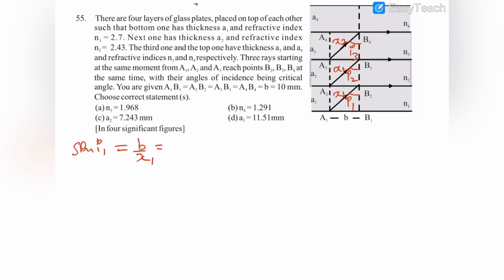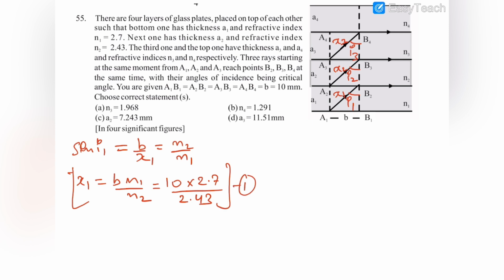We know that sine theta is 1 upon mu relative, so sine theta will be equal to n2 by n1. This is sine I1, so this is the first equation. We can say that x1 is equal to b n1 by n2. So you can find out the value of x1, where b is 10 mm, n1 is 2.7 and n2 is 2.43. In this way we can find out x1.